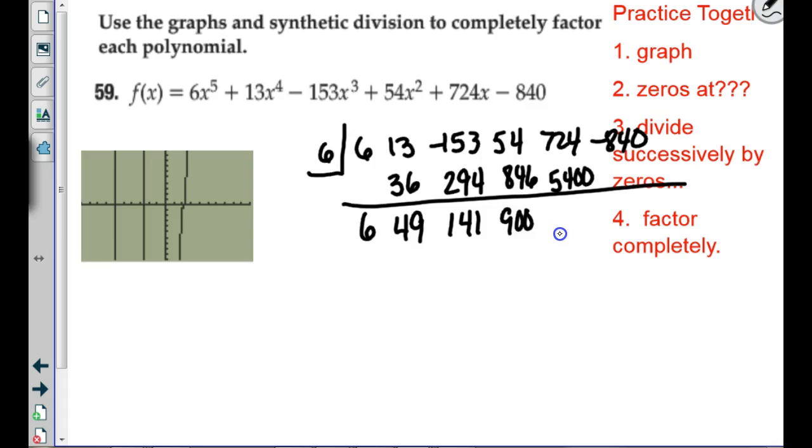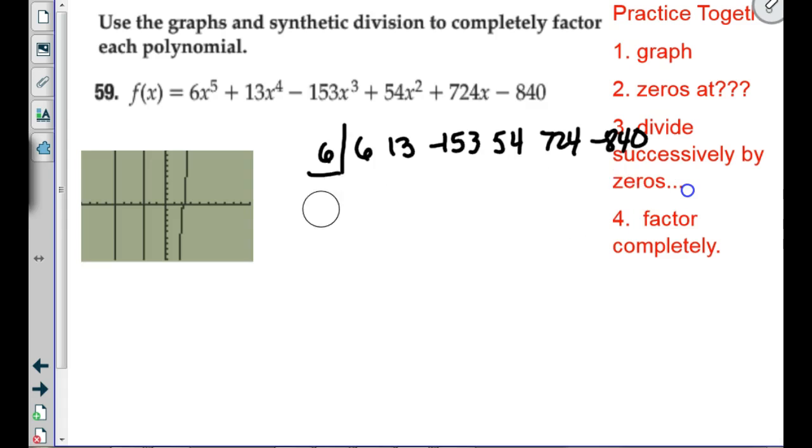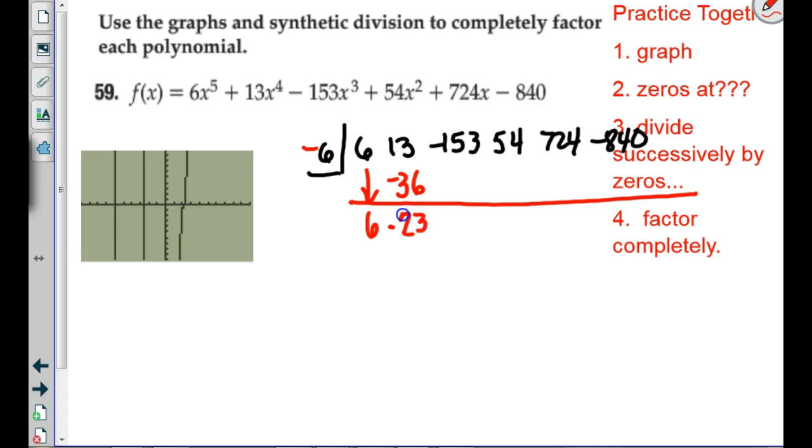Oh, it wasn't 6, dingbat. What was the 0? It's not 6. It's -6. That makes all the difference in the world. Okay. -36 plus 13 would be -23 times -6.